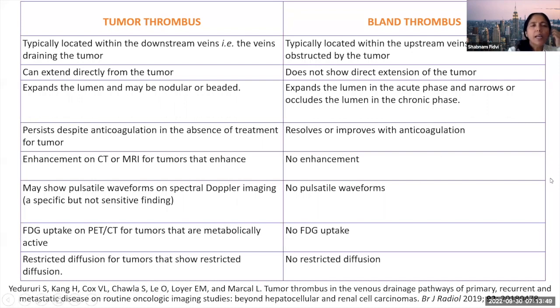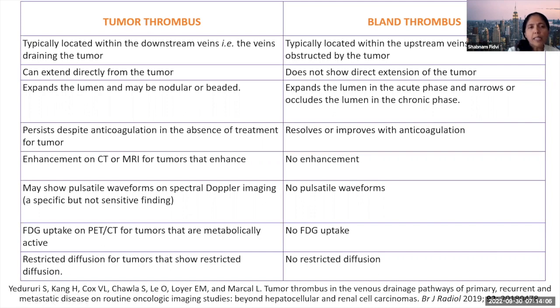Moving on to the next subsection within vascular, sometimes it's difficult to differentiate a tumor thrombus from bland thrombus on imaging, and this table from the British Journal of Radiology gives some useful pointers.